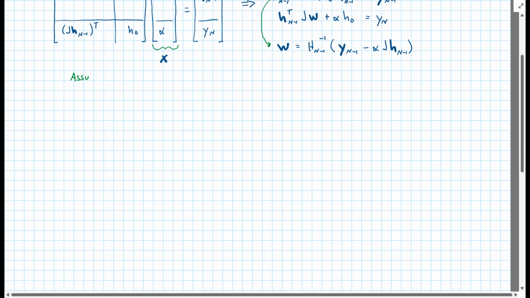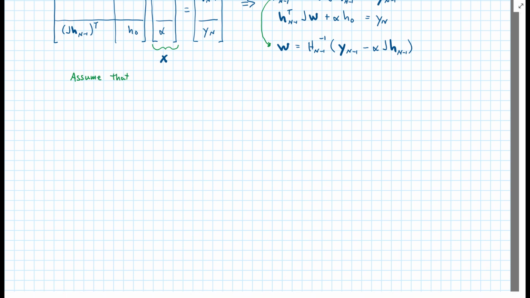Once again, we're going to assume that we know the solution to the smaller problem.